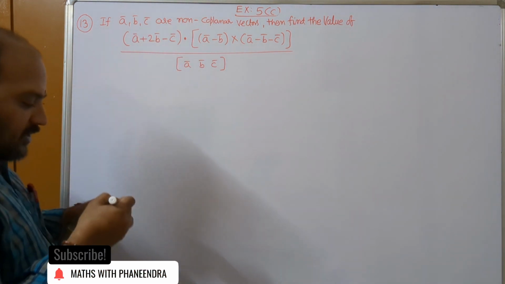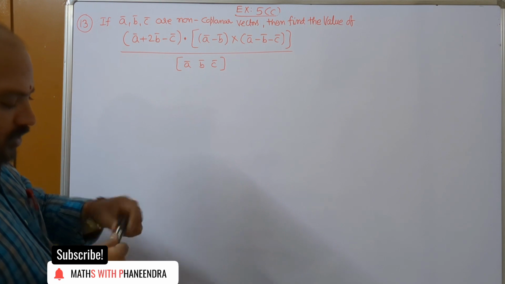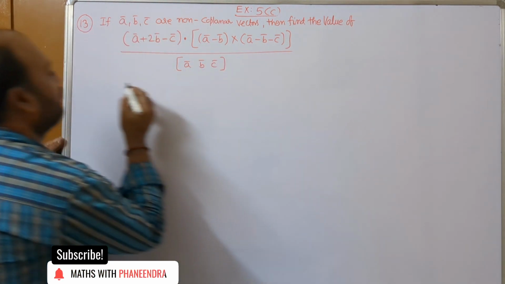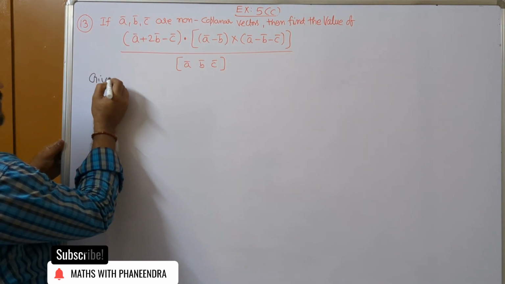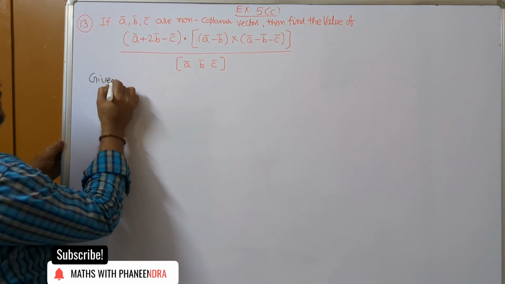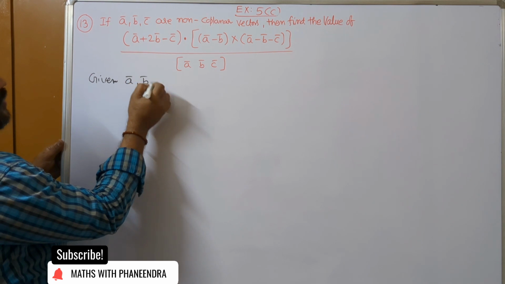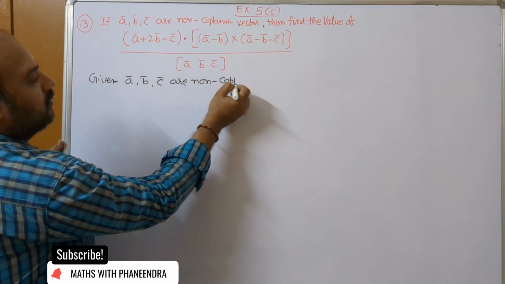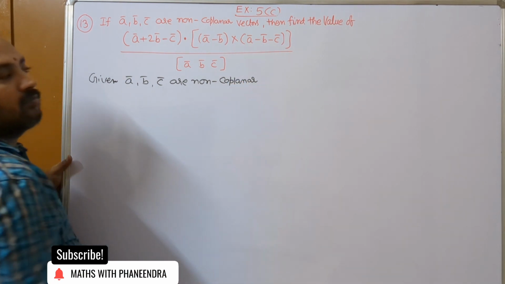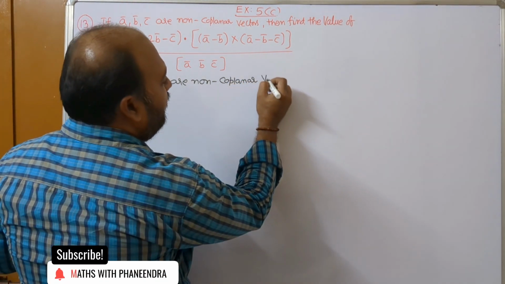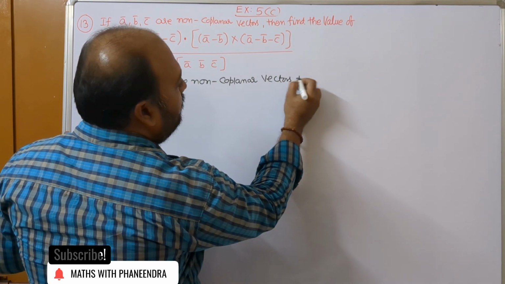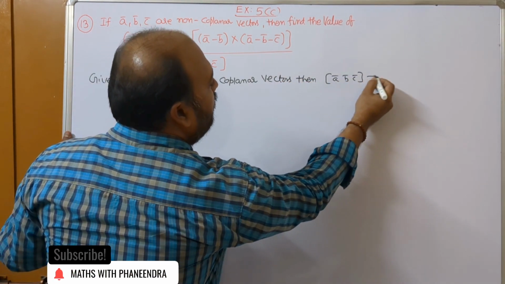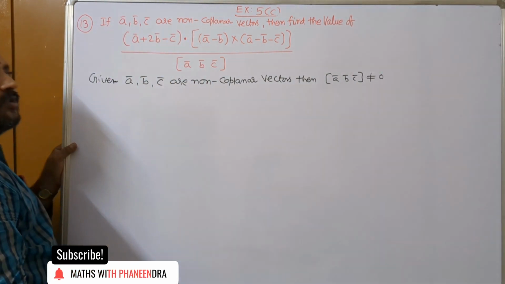Also the condition they provided: A bar, B bar, C bar are non-coplanar vectors. Then box of A bar, B bar, C bar is not equal to 0.